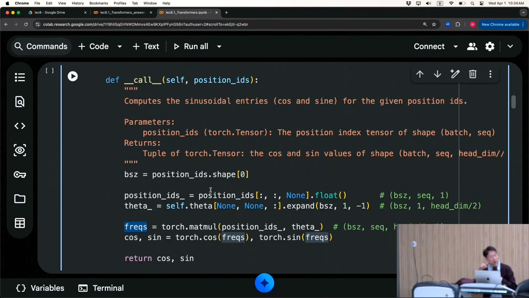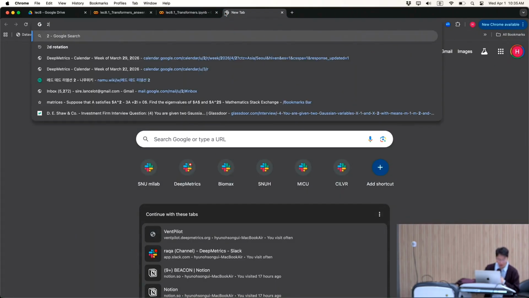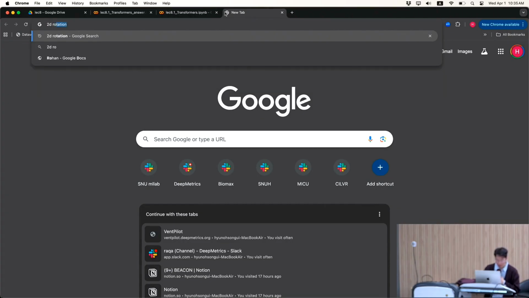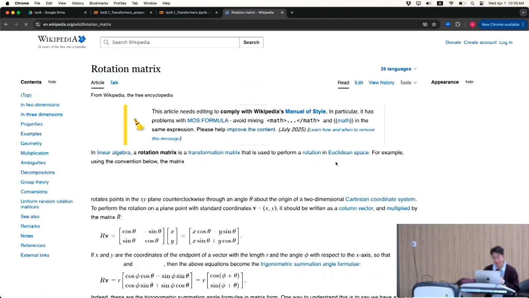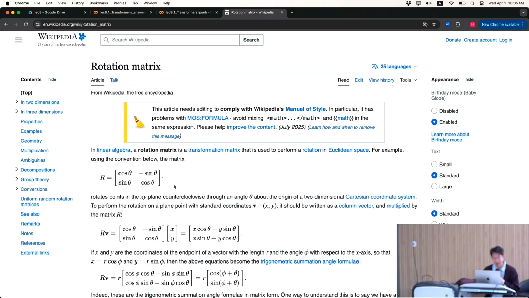Cosine theta... is that right? Okay, let's just look it up. 2D rotation. Okay, so we're going to take this matrix and multiply the 2D vector.